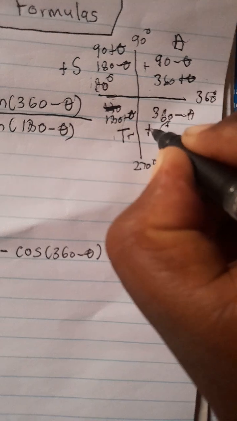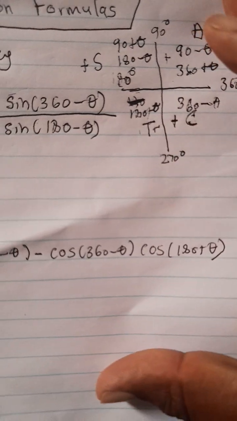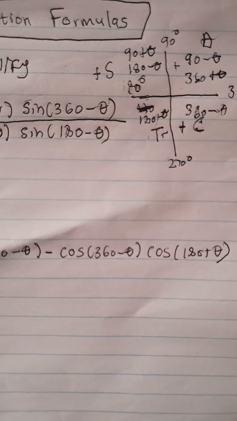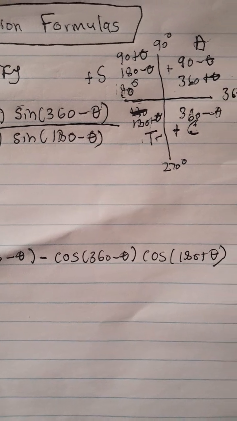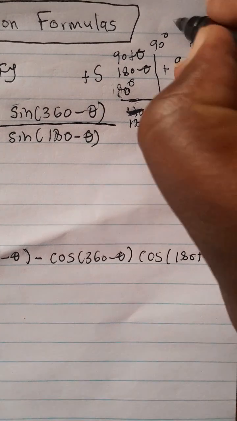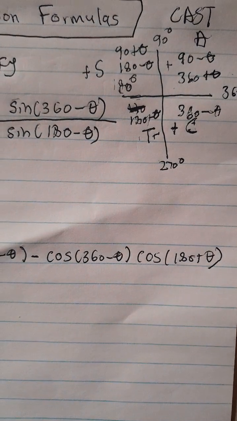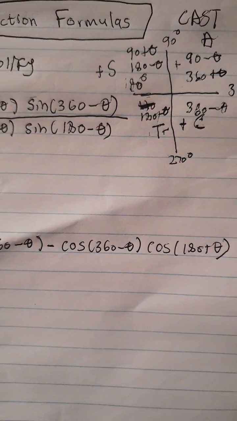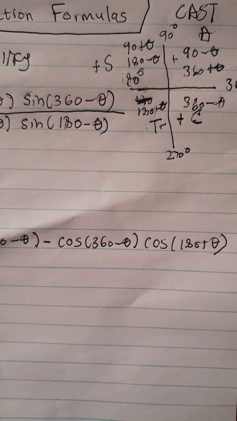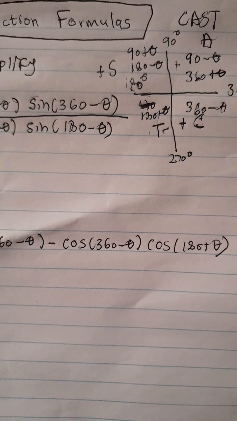This is where cos is positive, but the other functions are negative. We call this a CAST diagram, and you need to know it by heart so that you're able to work out these reduction formulas.